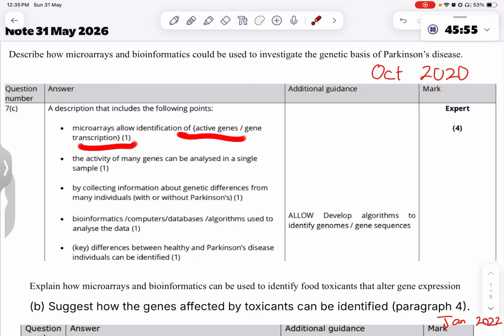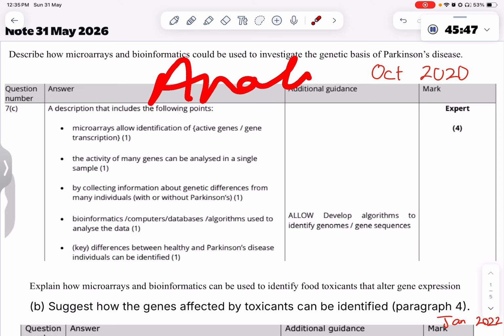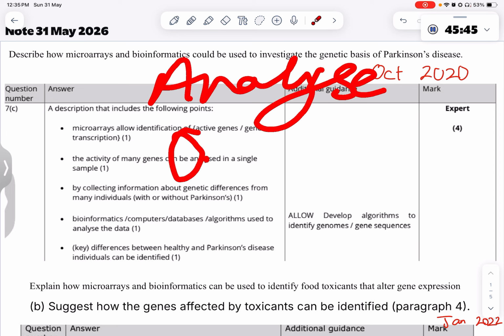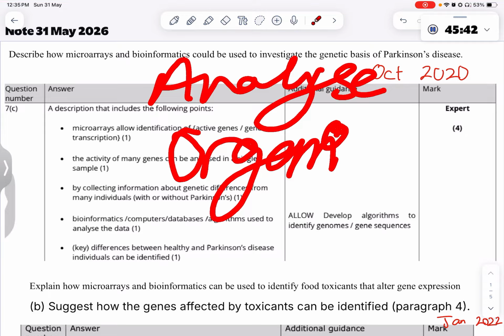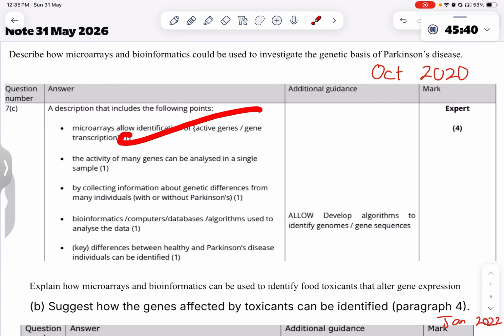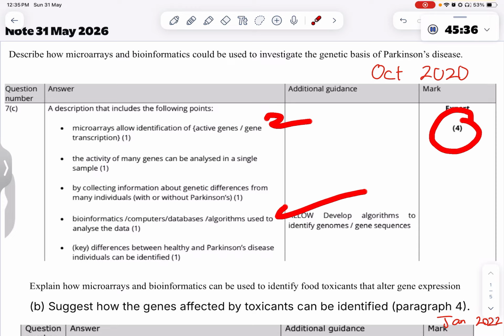We know bioinformatics is the computing tools or software that will analyze, organize, and store biological data. Saying the definition of both will score you 2 out of 4.